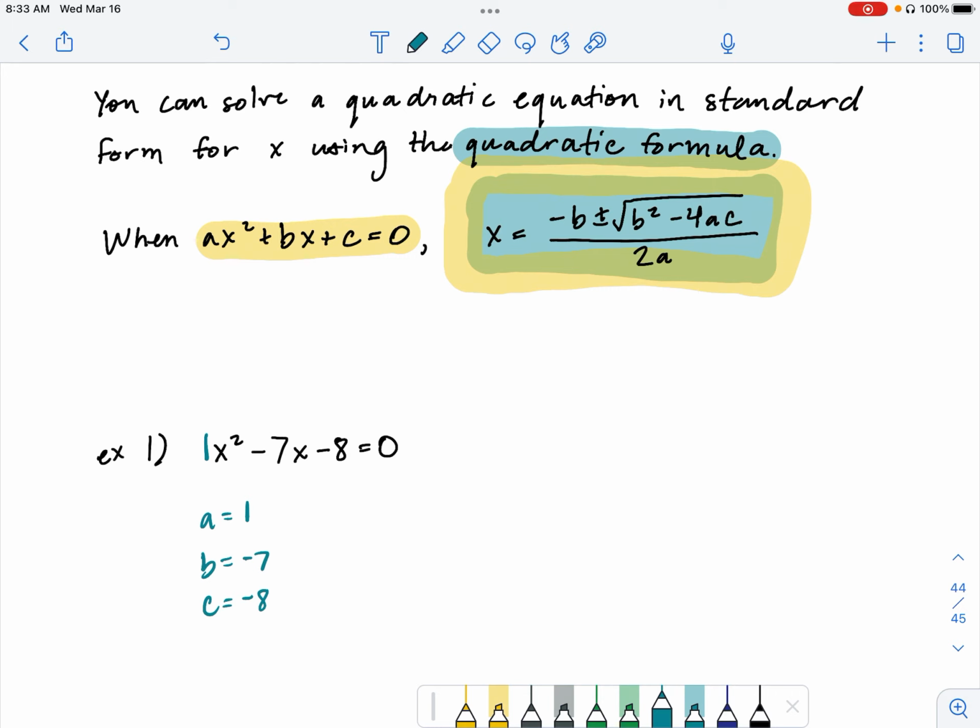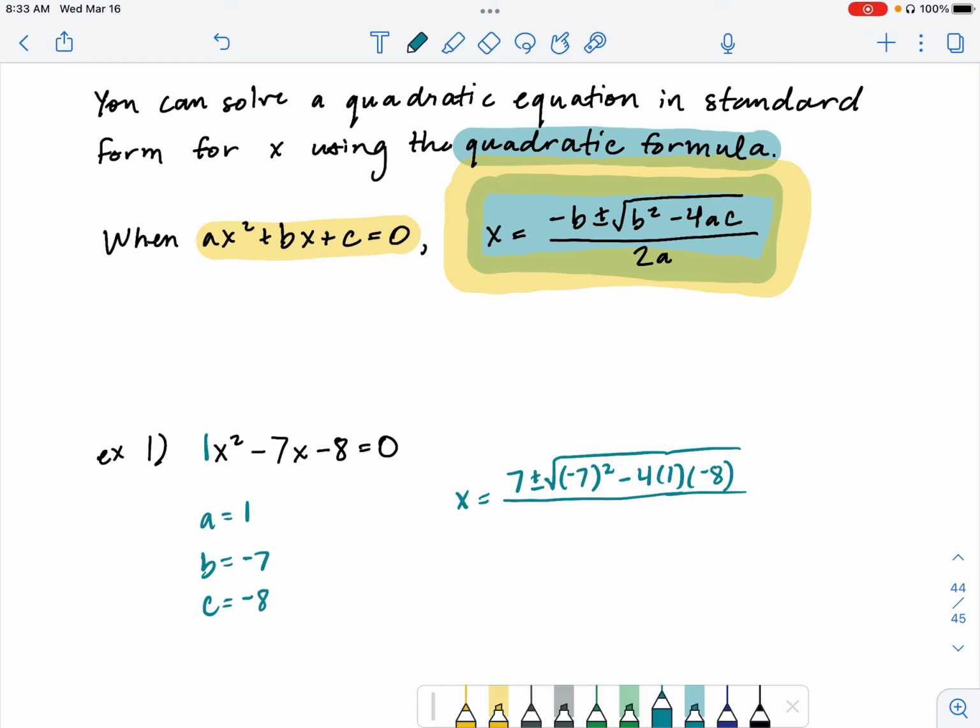So the quadratic formula is x equals negative b, which means the opposite of b, or the opposite of -7, which is +7, plus or minus the square root of b squared, so I'm going to take that -7 and square it, minus 4 times a, which is 1, times c, which is -8.